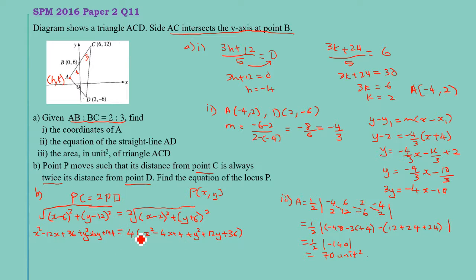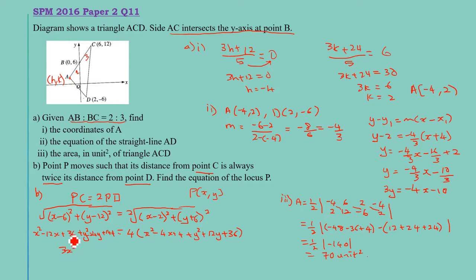So when you multiply in the 4, be careful. After you have done your multiplication, bring all your terms together to one side: all the x squared together, y squared together, x together, and y together. Finally, your constant. So I will write the last answer here. What you will get is 4x squared, when you bring it across, so you get 3x squared. And then for y squared, we arrange from the highest order to the lowest.